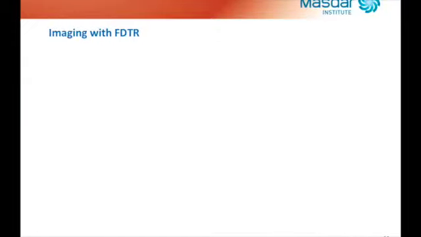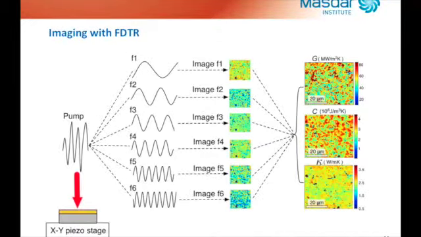So in order to do so, we decided to put the sample on a piezo stage and to modulate at the same time the pump with 6 different frequencies in order to make the acquisition of the data faster, and to determine finally, simultaneously, different properties of the sample, like interface conductance, thermal conductivity, and heat capacity of the different layers of the sample.